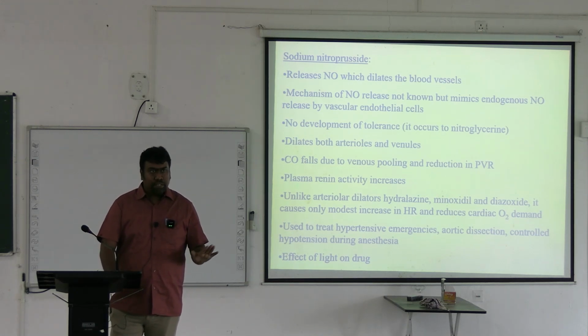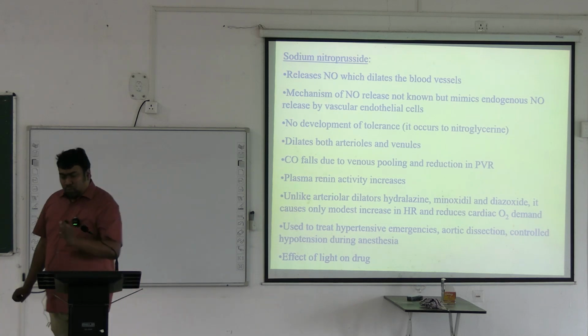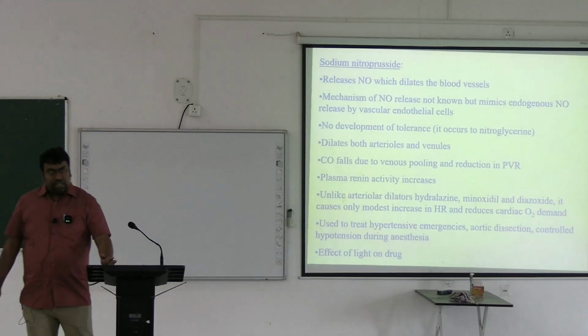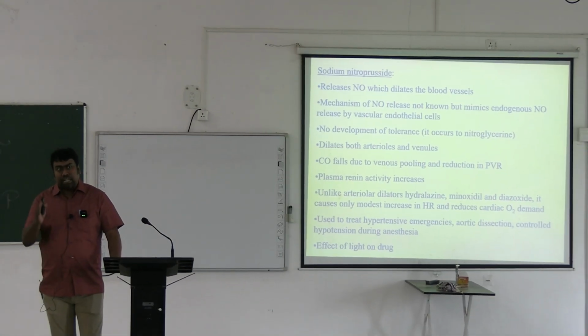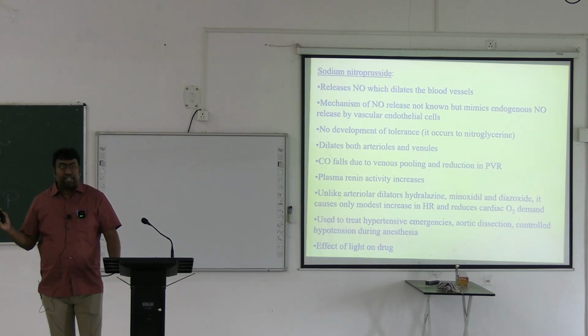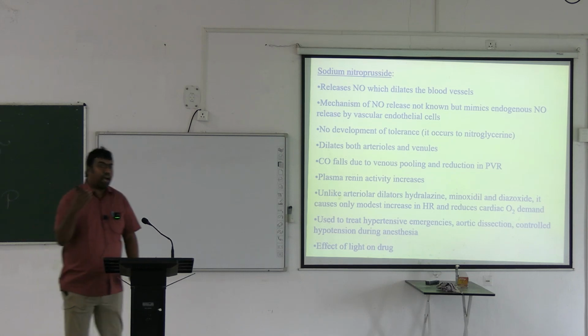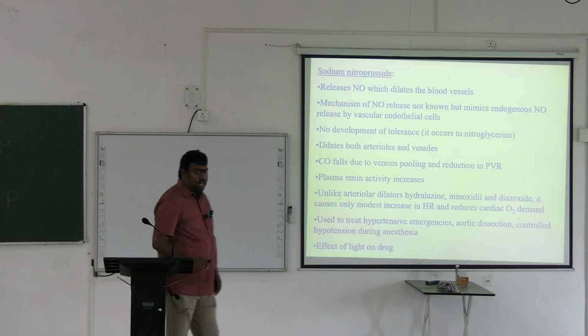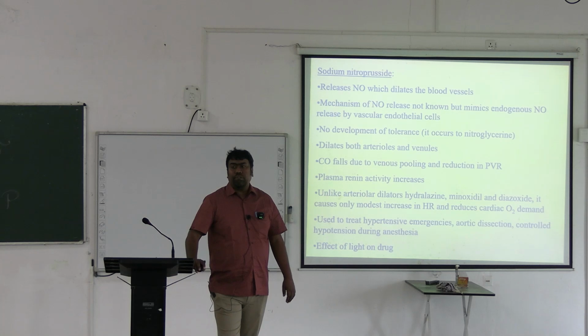Clear? এই পর্যন্ত? Then arteriolar dilator, what are the side effects? The primary side effect is reflex tachycardia. Postural hypotension is caused by which type of antihypertensive? Alpha blocker. They cause postural hypotension.